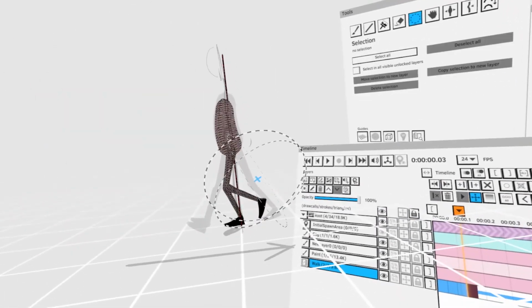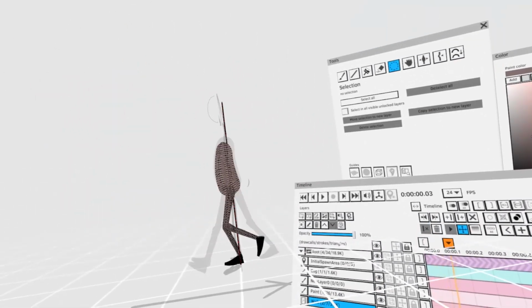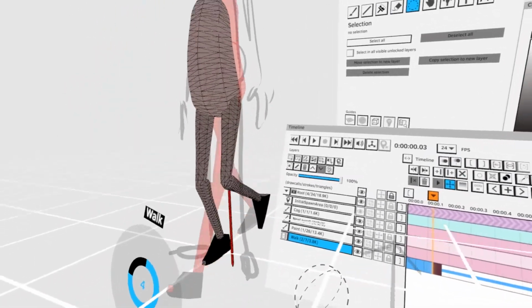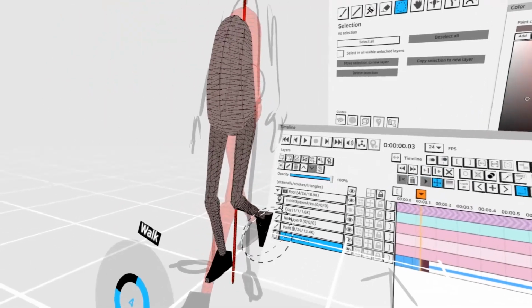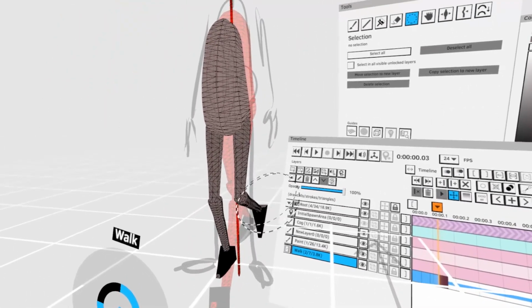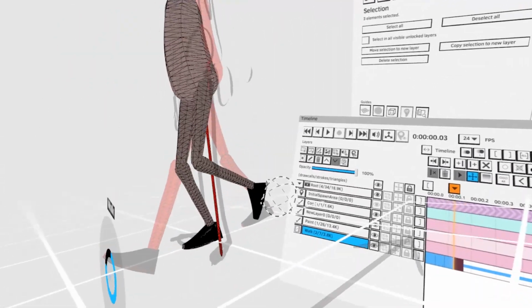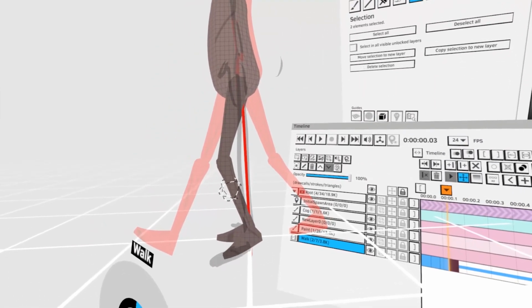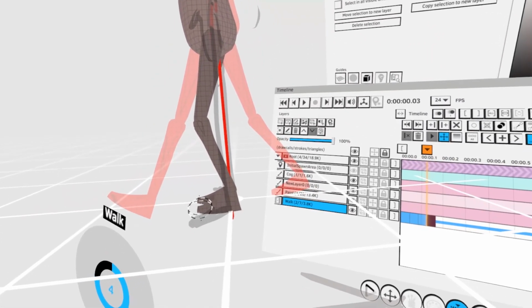So that copies and pastes the same pose. So what I can do now is mirror that. I'm gonna do it manually. I know it's possible to do it automatically, but it's gonna go faster, I think.